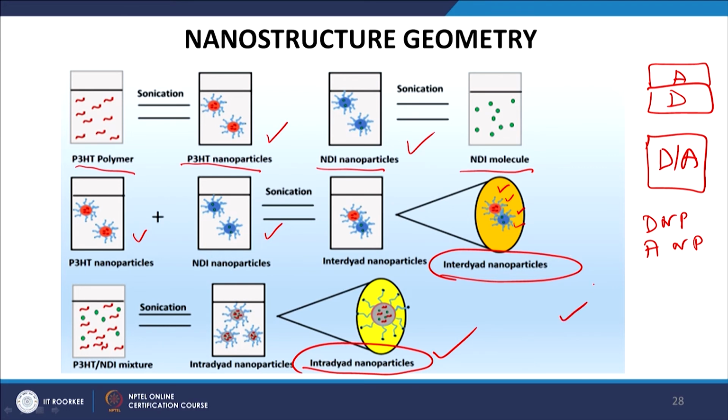Now we wanted to see whether this is better or whether this is better. Our bulk polymer chemistry teaches us that the bulk heterojunction solar cell is better than layer by layer, and what was the reason behind that? If I take a donor and an acceptor, because of the small diffusion length of the charge carrier, only those charge carriers which are in close proximity to the interface can contribute to the charge conduction.